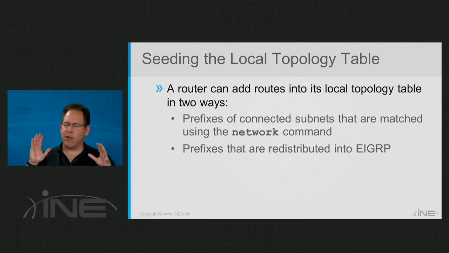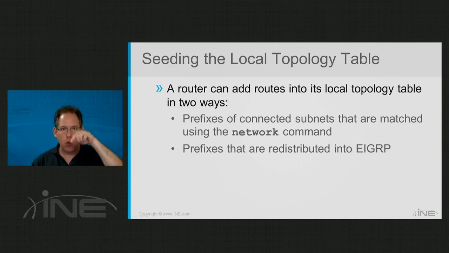And I know from a CCNA perspective, we never really talked about redistribution. In my videos, I sort of talked about it at a high level, but just once again, in case this is foreign to you and you haven't studied redistribution yet, redistribution simply means that I'm telling a routing protocol, take some routes that you learned about in some different, foreign way, convert them into the protocol you understand, and send them to your neighbors.